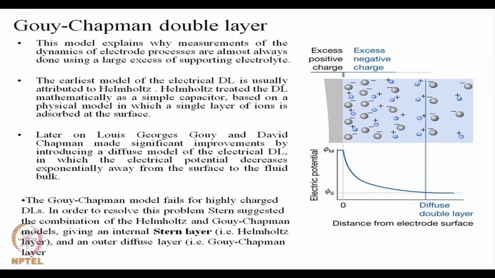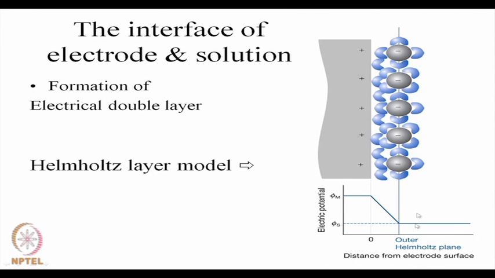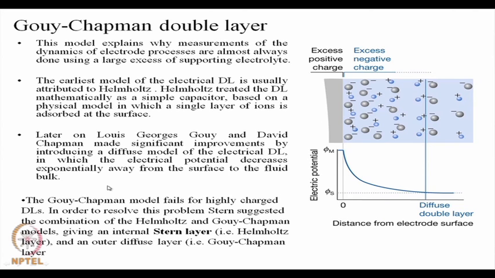Here it is shown to be a linear decrease, but later on Gouy and Chapman introduced a newer idea, a diffuse layer, that is this phi m reduces exponentially with separation, and this is called the diffuse double layer.